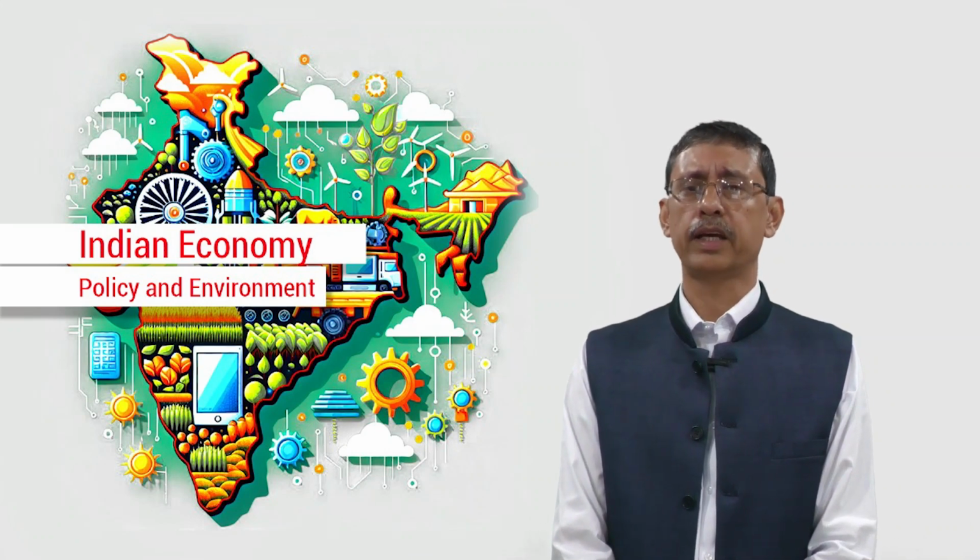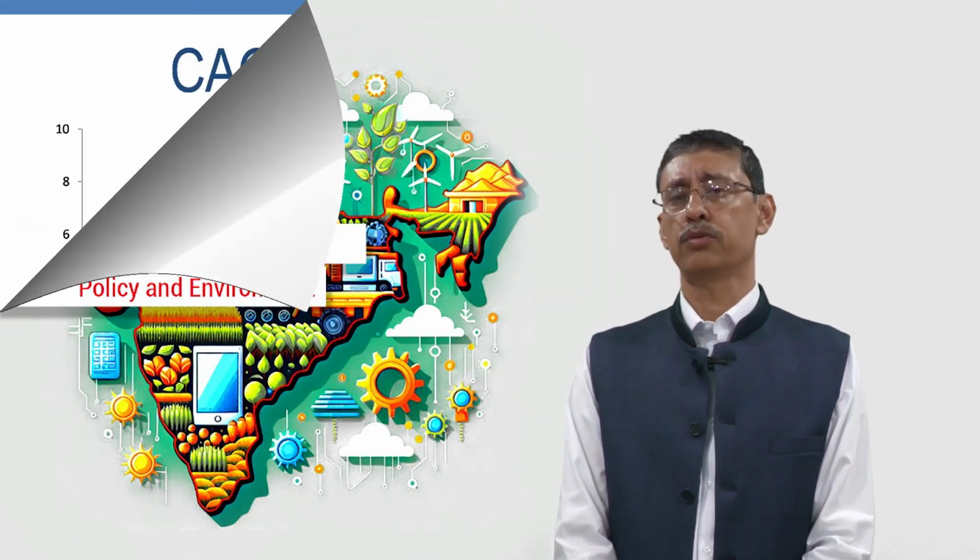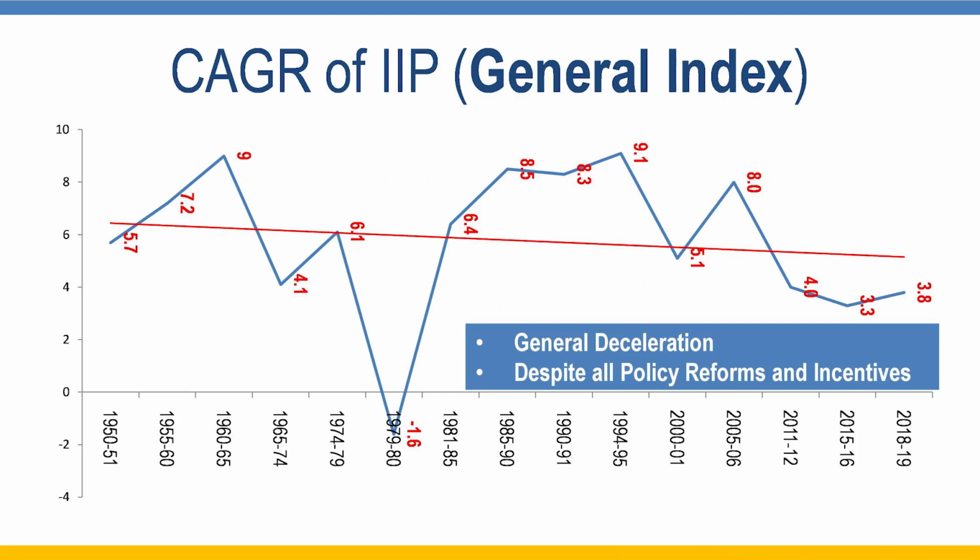So combining all these, if we try to get a general index for industrial production, we will see something like this. This graph also predicts a long-term deceleration. The trend we see today is that in the initial period, the 50s and mid 60s, there was an increase in capital and basic goods, followed by expansion of consumer goods from 1980 to 2000.